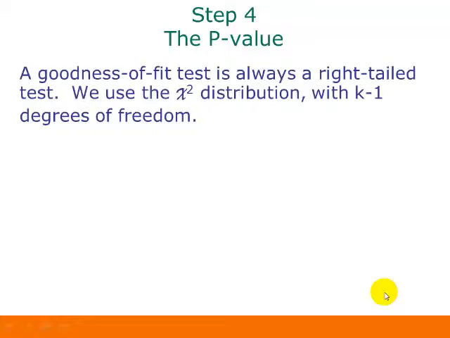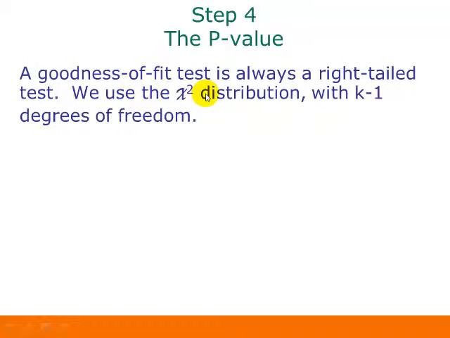Okay, so step 4 is finding the p-value, and you do also get this from Statcrunch, but this would apply if you wanted to check what you'd gotten in Statcrunch, and it's also helpful to know what it is that you're actually doing to get the p-value. The most important thing here is that a goodness of fit test is always going to be a right-tailed test. We can't really tell that from looking at the alternative hypothesis, but this is always a right-tailed test.